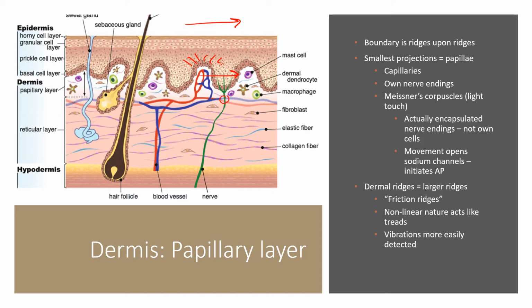If all of your nerve endings were buried all the way down here and you didn't have these papilla, everything was straight through, when you have friction across here, you're not going to be able to make as much contact with any given one of those nerve endings. But embedding them inside, I'm just going to make one up and put it here, inside of a papilla or inside the tip of a friction ridge means that when this thing is tugged, you're going to put more pressure on that nerve ending. So it also improves your sensation overall.